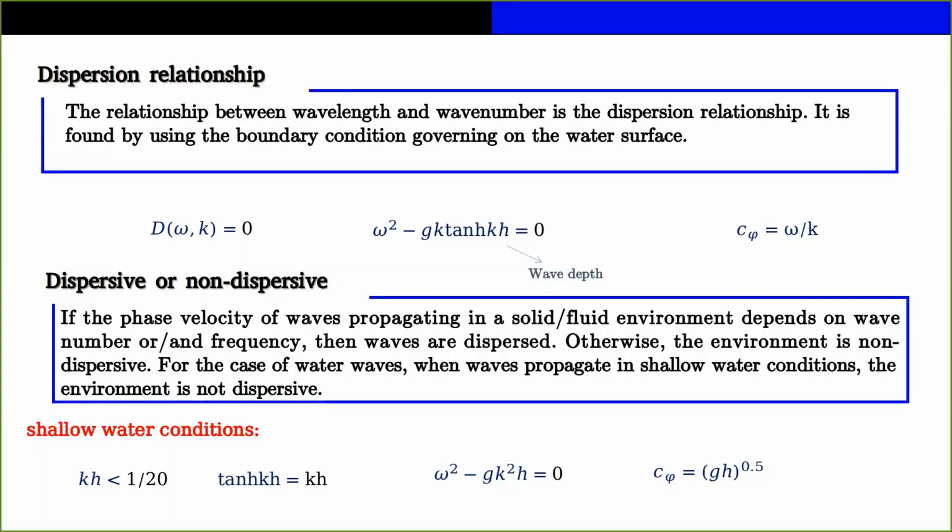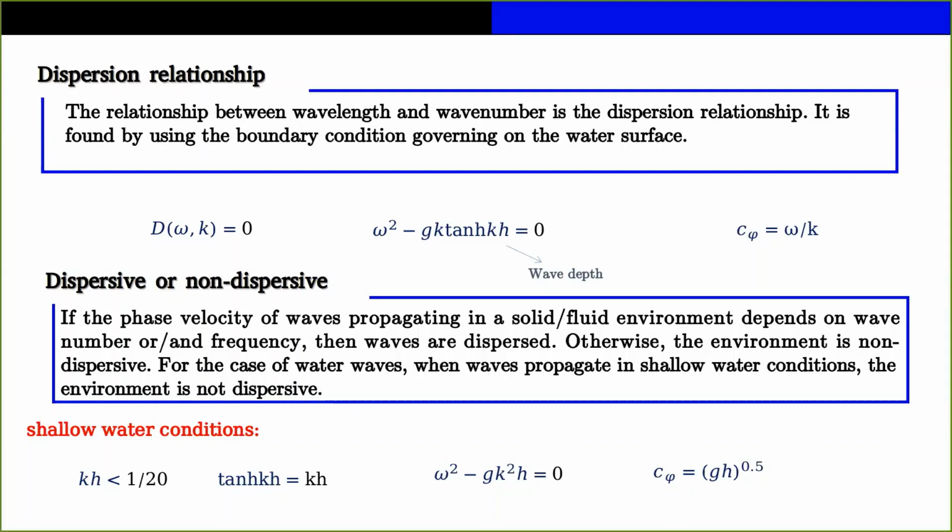Otherwise, the environment is non-dispersive. And it's very important for us to know about it. To give you an idea, the wave motion in a cable is a type of non-dispersive wave, but wave motion in solid bodies like an elastic body is a kind of dispersive wave.